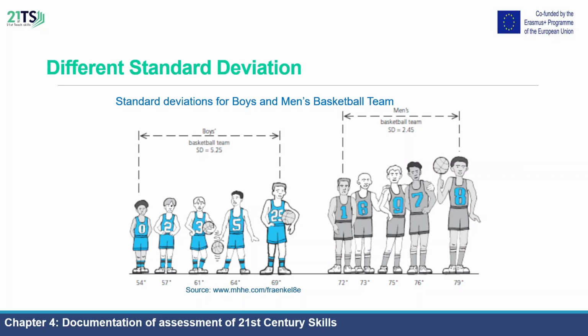This is the comparison of the standard deviation values for the boys and men baseball teams. In the boys baseball team, the standard deviation equals 5.25.